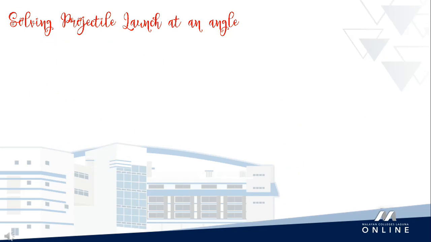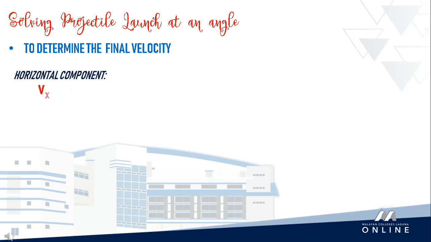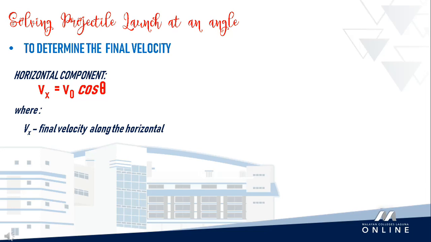We would also want to determine the velocity of the projectile launched at an angle at time t. We can use this equation for the horizontal component, where v sub x is the final velocity along the horizontal, v sub 0 is the initial speed of the projectile, and theta is the direction of the projectile along the horizontal.